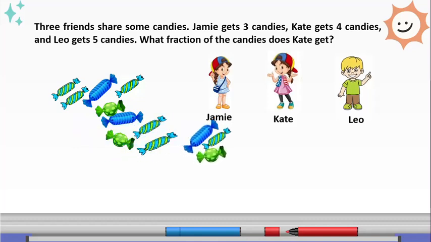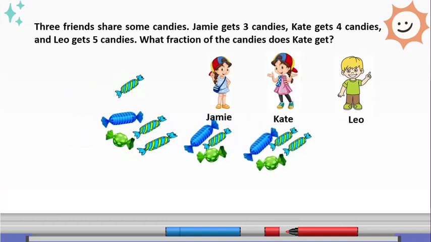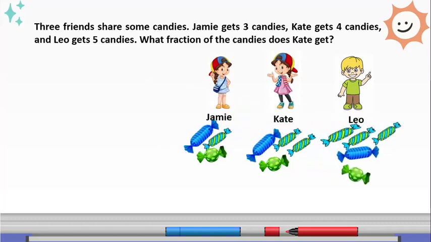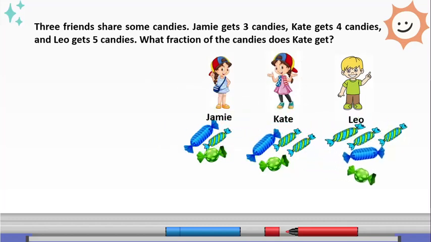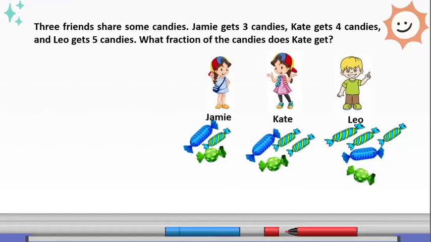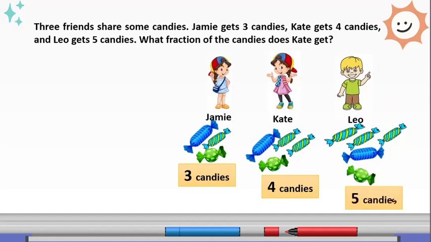Jamie gets this part of candies, Kate gets this one, and Leo gets this number of candies. What fraction of the candies does Kate get? So, 3 candies for Jamie, 4 candies for Kate, and 5 candies for Leo. The question is, what fraction of the candies does Kate get?